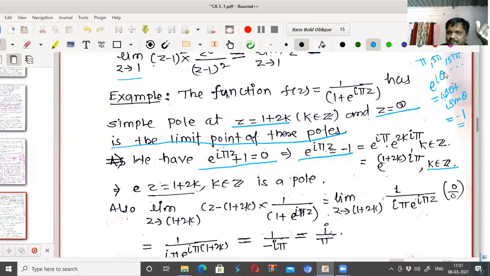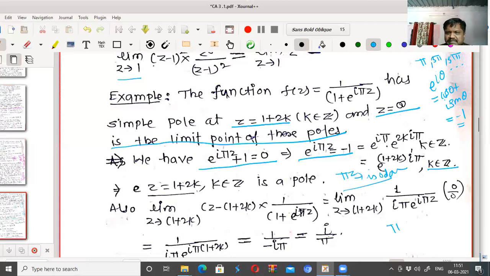In the same way, if pi z is equal to pi or 3 pi or 5 pi or 7 pi etc., that is, odd multiples of pi, then e to the power i pi z equals minus 1.